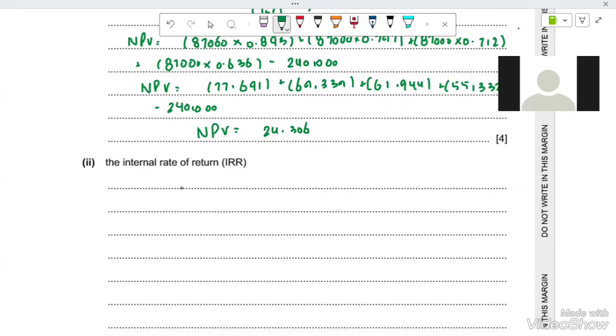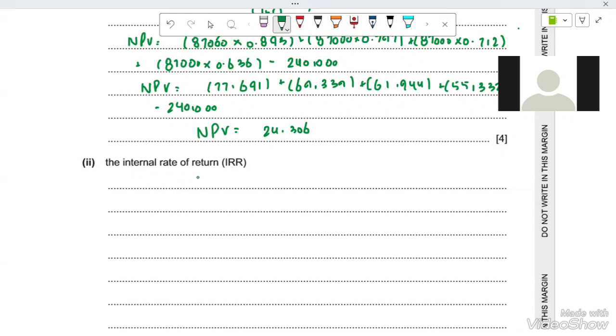So basically, internal rate of return is the discount rate that makes the net present value equal to zero, and it helps determine the expected return on investment. So first, we are going to understand the given data.